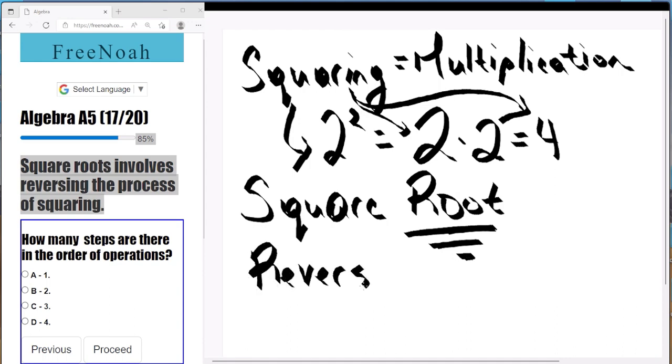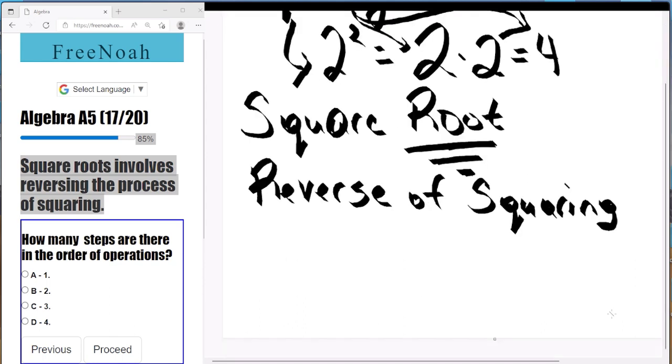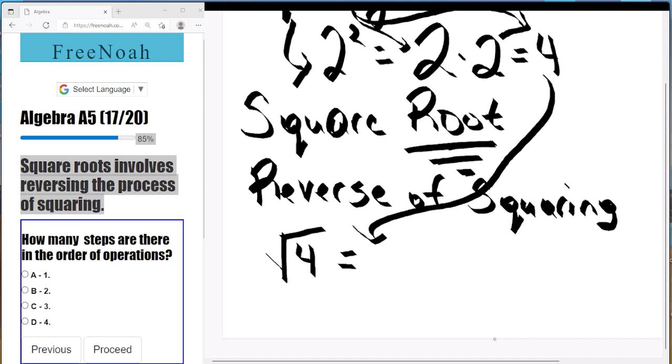It's the reverse of squaring. So let's write our radical sign here. We're going to bring down the 4, our answer here, and place it within the radical sign. So the square root of 4 equals 2.